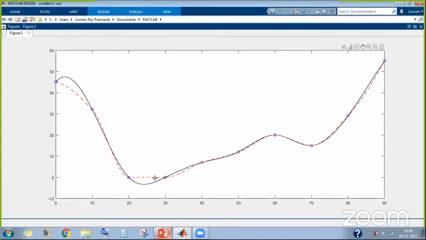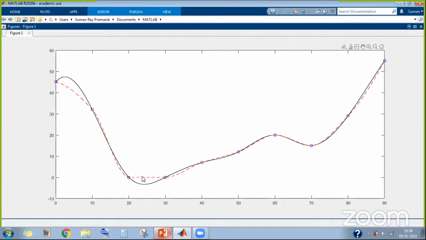So that should be the real graph for the case we have been looking into. The main thing about pchip is that it tries to maintain monotonicity. Look at these 2 points, it's decreasing from this point, and it is not going above this point, because this point was below this point, so the curve is always in a decreasing mode.